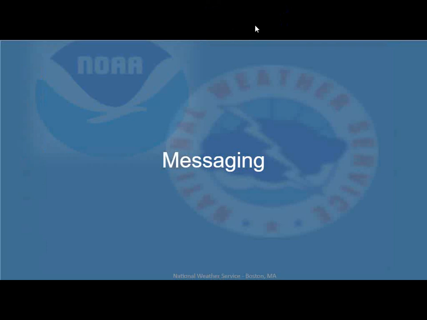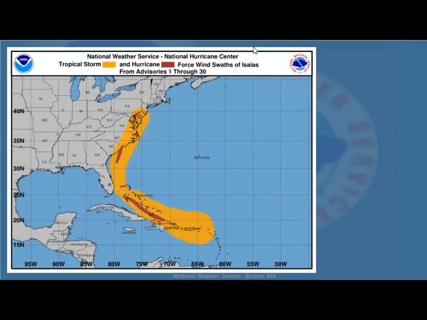So let's take a look at the messaging aspect for the tropical storm. This is a graphic from the National Hurricane Center showing the wind history of the system. The lighter color, that's the tropical storm force wind, that's 39 miles per hour sustained wind. And the brown shading, that's when it was at least hurricane force wind, that's 74 miles per hour.